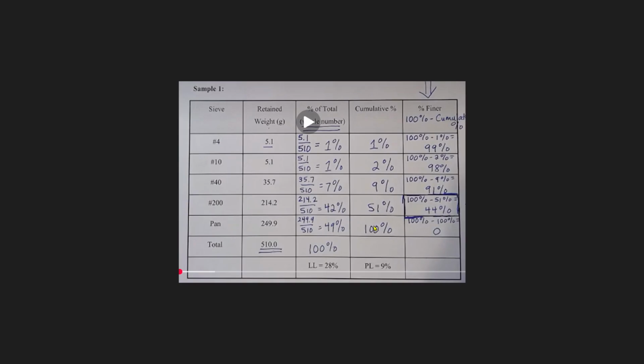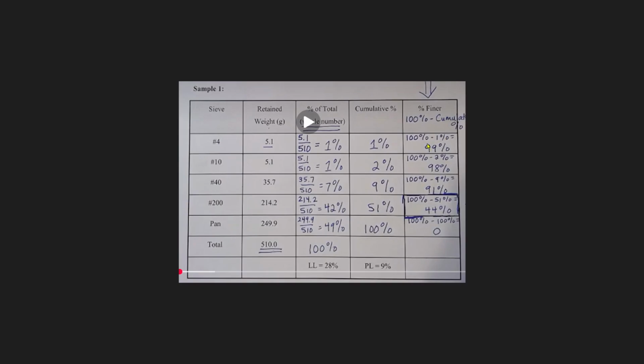So now we've got to find out the percent passing, and the way you do that is take 100% and take the 1% that was retained, 100% minus 1% equals 99%.